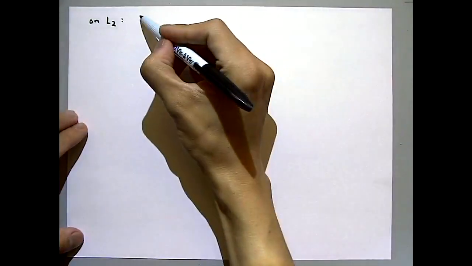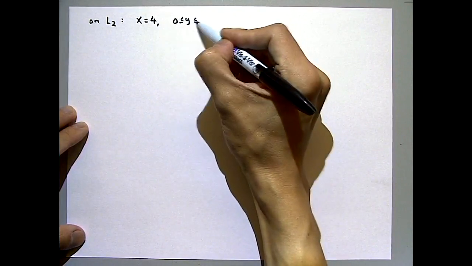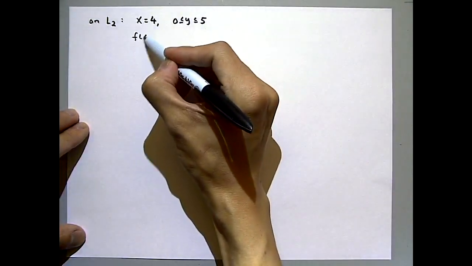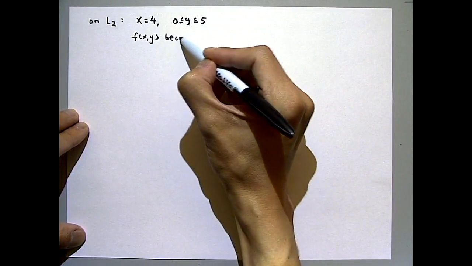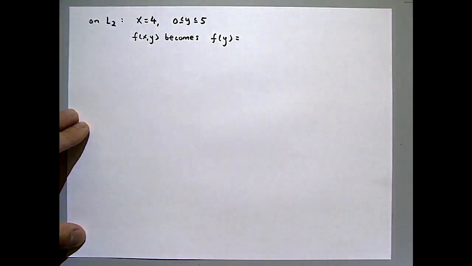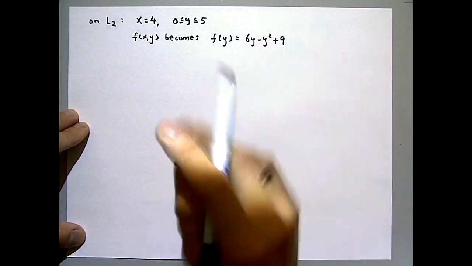When we go to L2, notice now x is a constant 4, and y can range from 0 to 5. So the 2-variable function we started with now reduces to a function of just one variable, y. And I'm skipping a little bit of algebra steps here, but you saw what we did with L1.